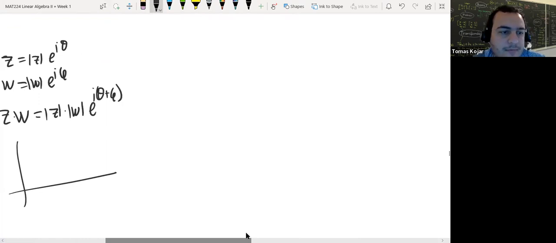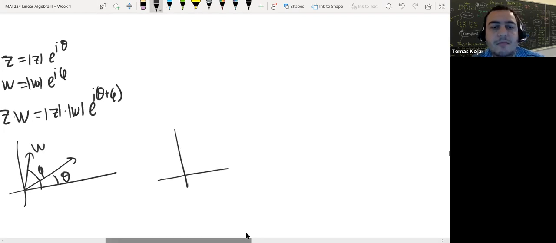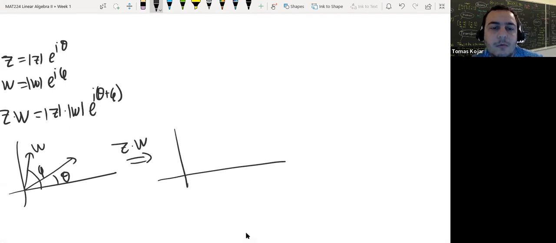If you have z with angle theta and some w with angle phi, then their multiplication will be somewhere over here, at angle theta plus phi.